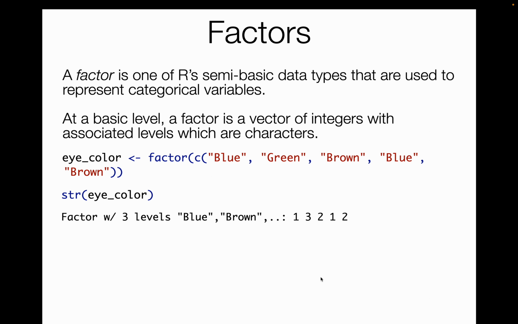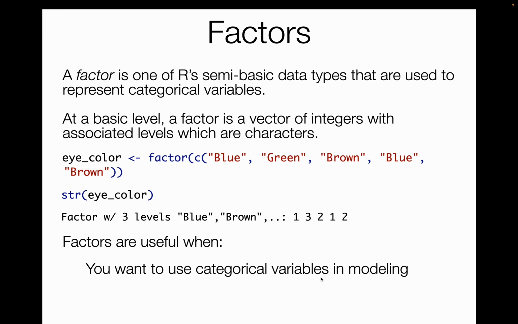If it ordered them by what it saw first, it would be blue, green, brown. But it did alphabetical order, so blue, brown, green. And then it shows you what the actual vector was underneath, which are those integers: 1, 3, 2, 1, 2. So 1 goes to blue, 3 goes to green, 2 goes to brown. Okay, so that's the structure of a factor.